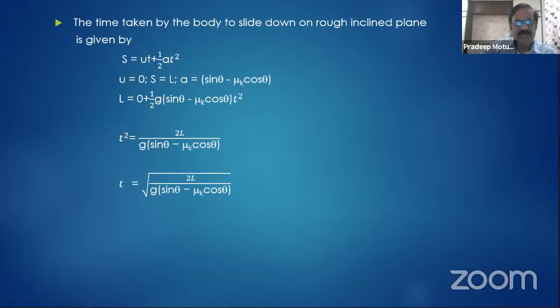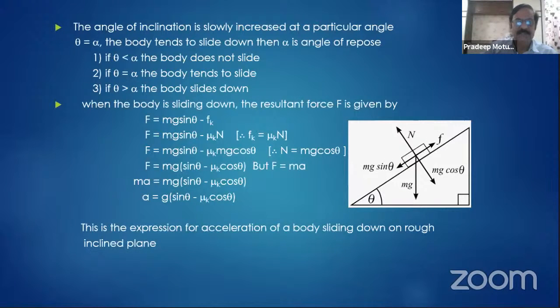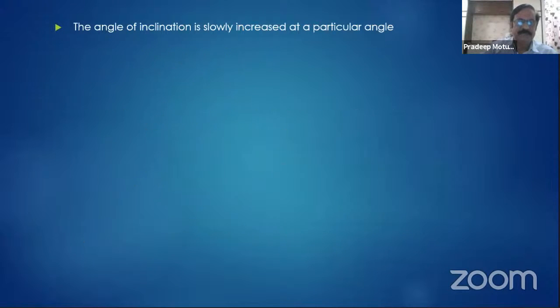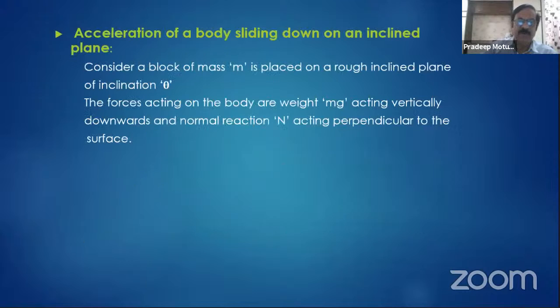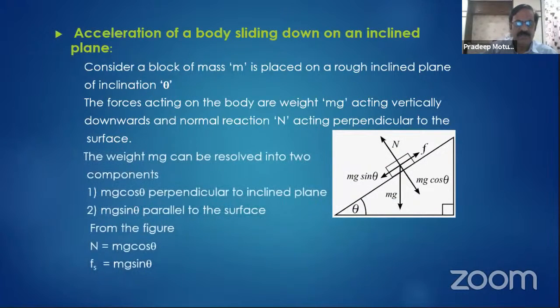In this way, you can calculate the time taken by the body to slide down on a rough inclined plane. And in this way, you can calculate the acceleration of a body sliding down on an inclined plane also. So this is all we discussed.